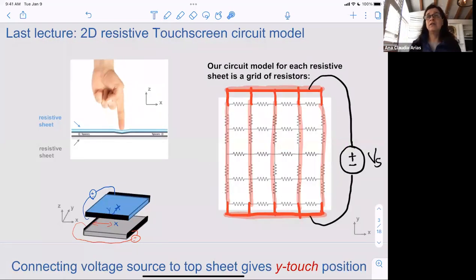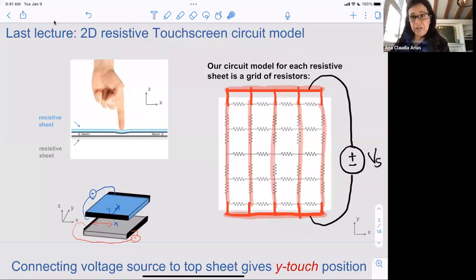I think that by now you can tell that our models are always going to be a combination of all these elements that we have been defining and using. We defined open circuit, wires, resistors, and then sources of energy, which were a voltage source or a current source.